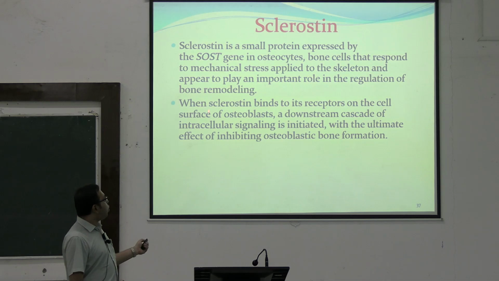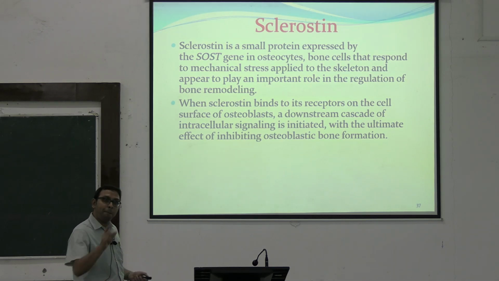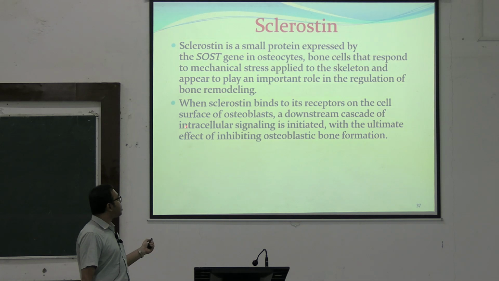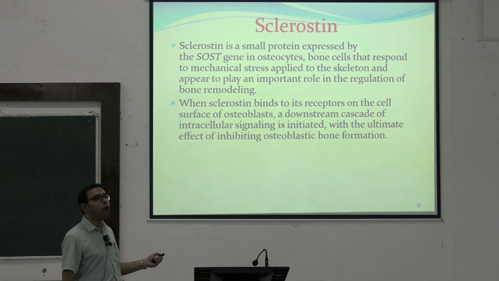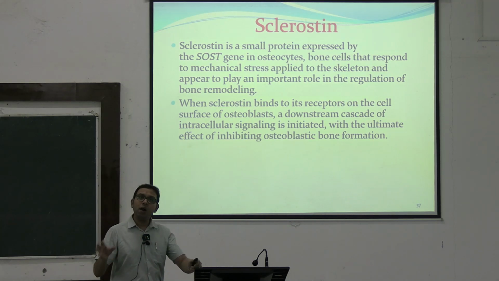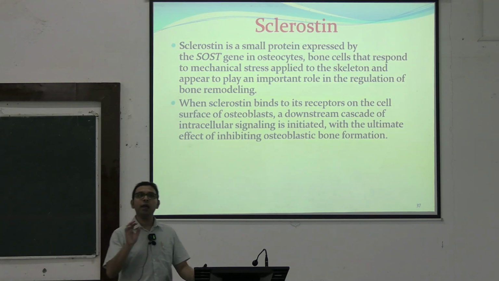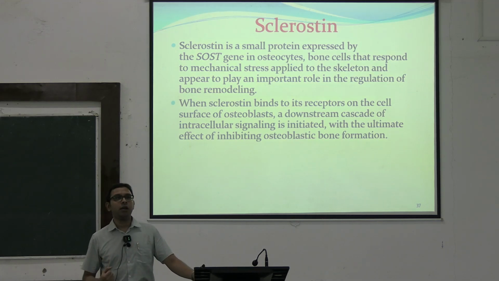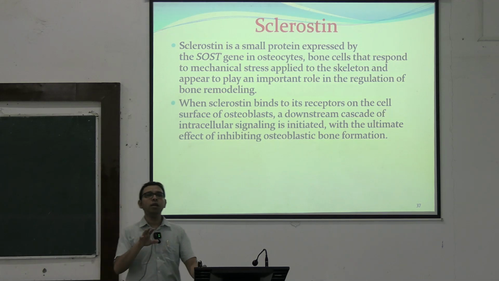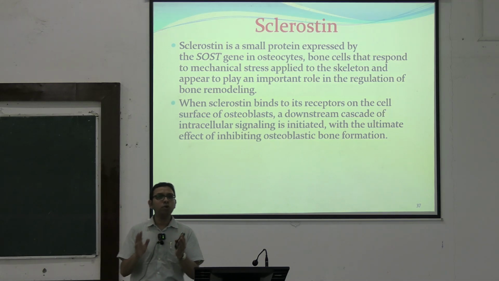When sclerostin binds to receptors on the cell surface of the osteoblast cells, a downstream cascade of intracellular signaling is initiated with the ultimate effect of inhibiting osteoblastic bone formation. So basically sclerostin activation means osteoblastic bone formation is inhibited. So this is another normally present protein. Ultimately all this maintains a balance in the bone remodeling.